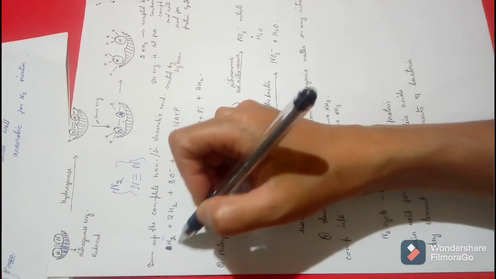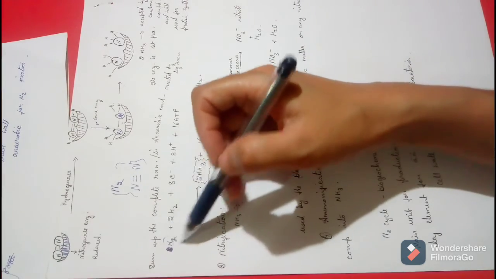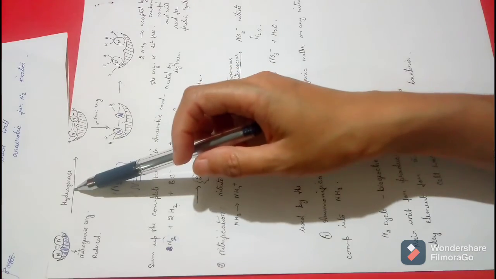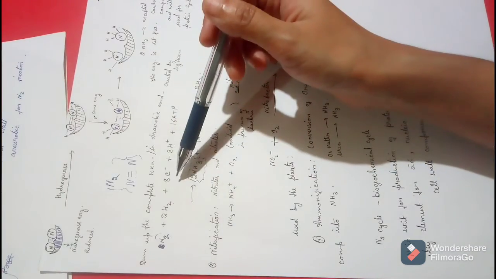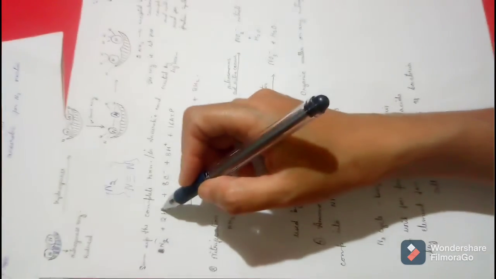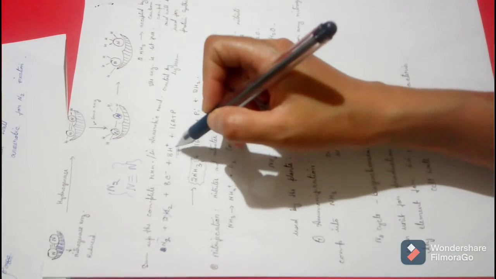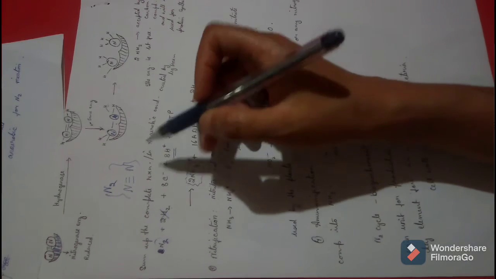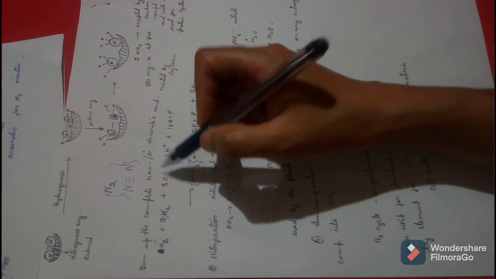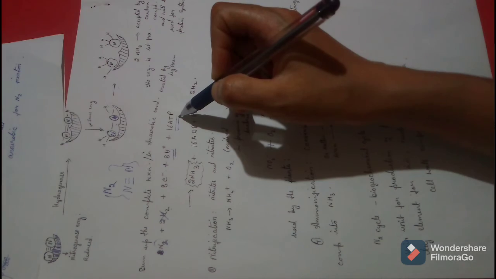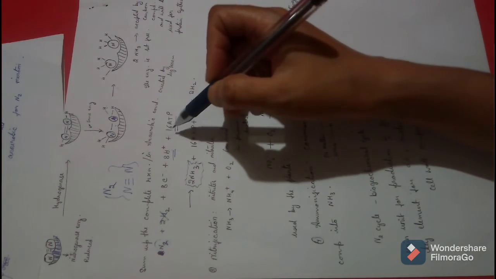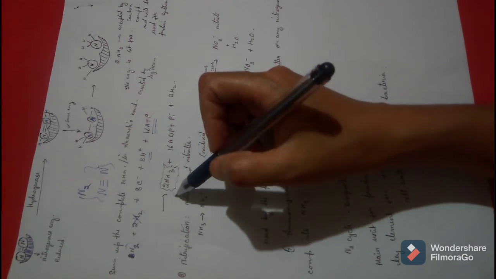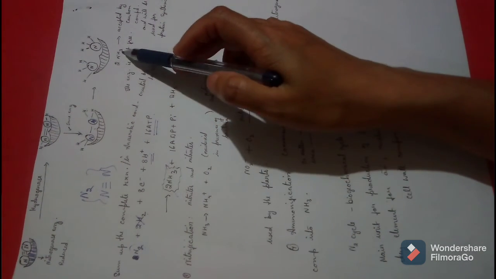So the nitrogen, in the presence of protons provided by the hydrogenase and also the electrons, this is the same thing, either this or this you can write: 8 protons and 8 electrons with the source of energy, that is 16 ATP molecules, will finally give rise to two ammonia molecules.